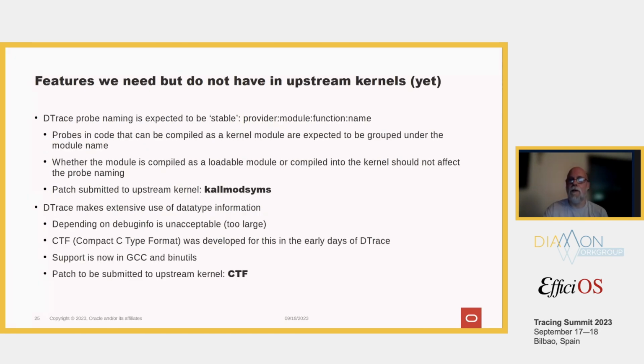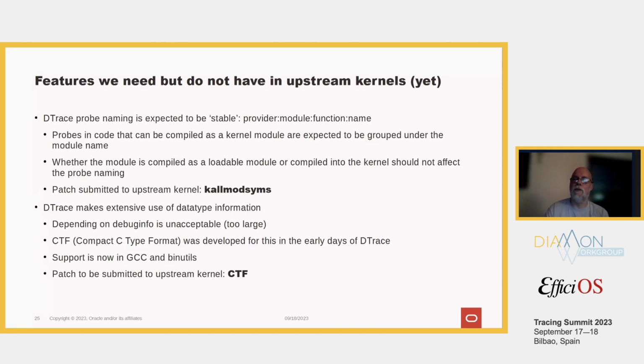Just highlighting 3 features that we do depend on that are not currently in the upstream kernel. In order to be able to provide stable naming for probes, which is based on a provider, module, function, and name concept, the expectation is that probes that belong to a certain kernel module, whether the module is compiled into the kernel or is a loadable module, the name should be the same.